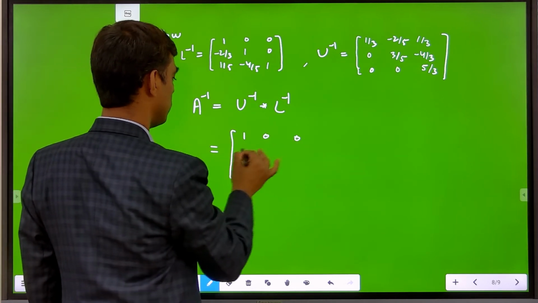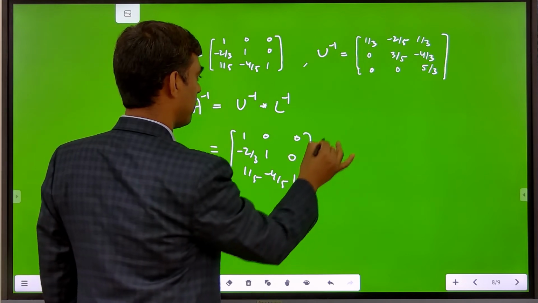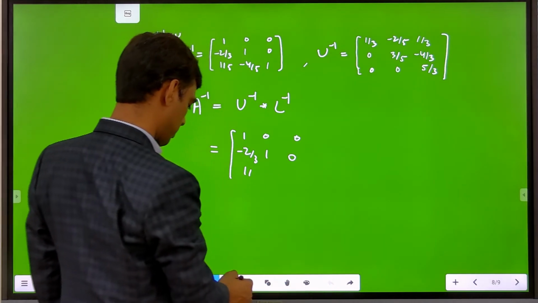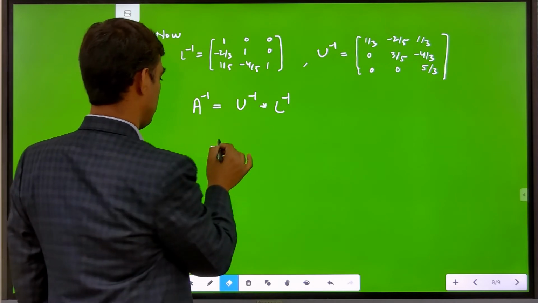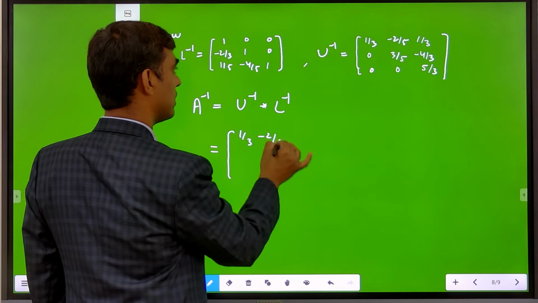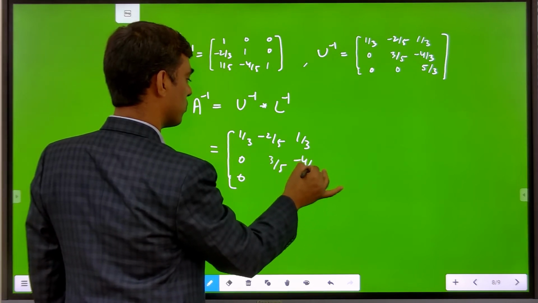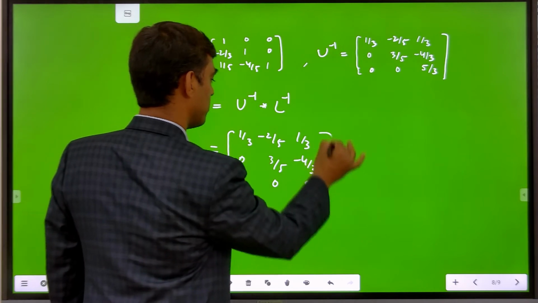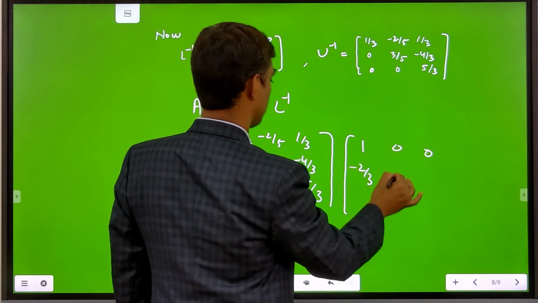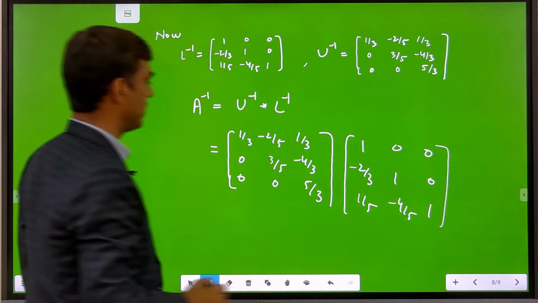First we write U inverse: 1 by 3, minus 2 by 5, 1 by 3; second row 0, 3 by 5, minus 4 by 3; third row 0, 0, 5 by 3. This is multiplied by L inverse: 1, 0, 0; minus 2 by 3, 1, 0; 1 by 5, minus 4 by 5, 1.